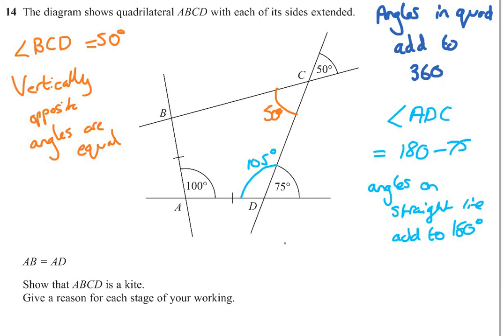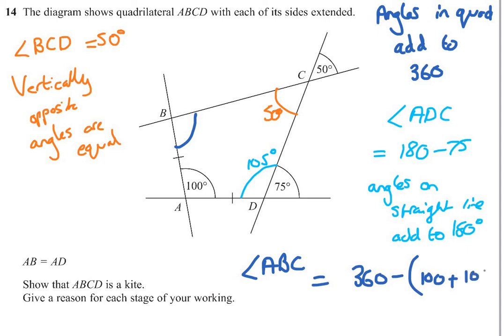So this means that angle ABC, which is this one here, is equal to 360 take away the sum of the other ones. So that's 100 plus 105 plus 50.